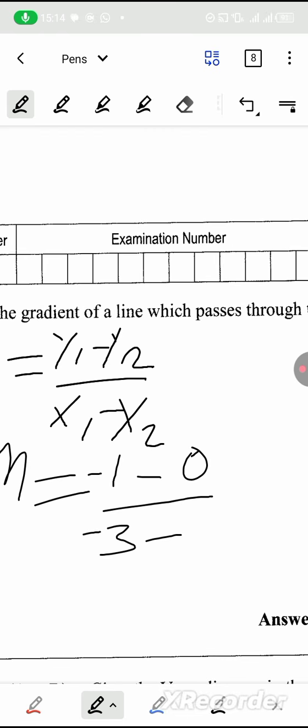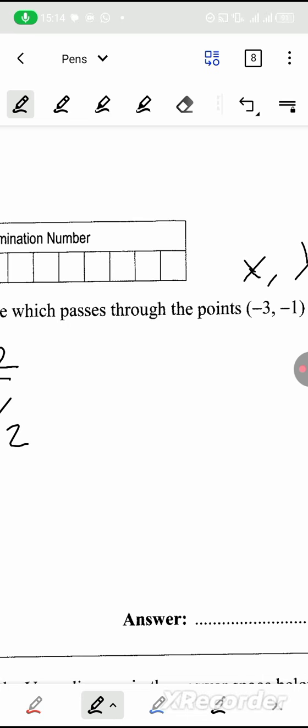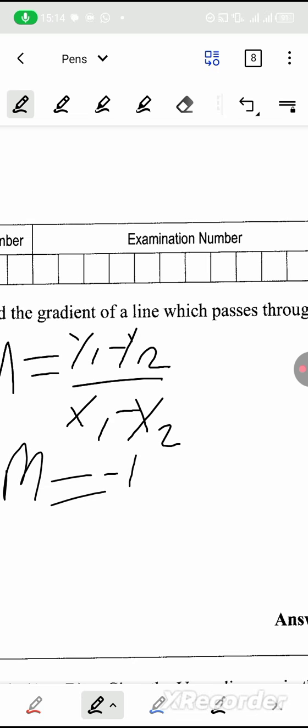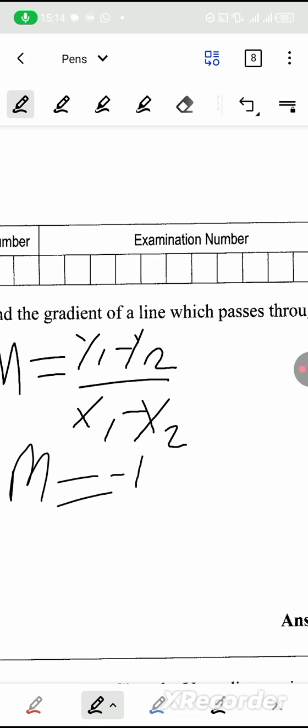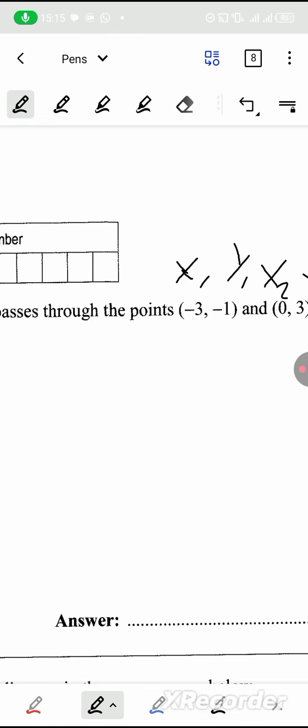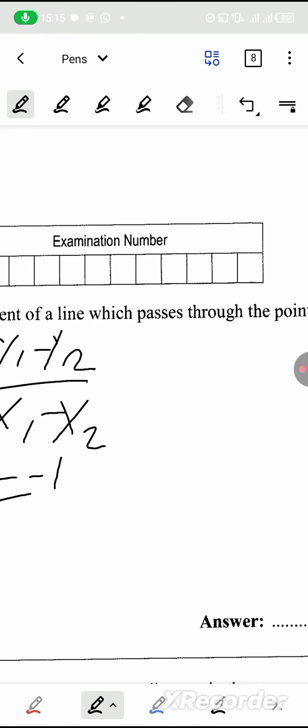Okay, so here we just made a very simple mistake in substituting. Let us see how we are going to substitute accordingly. y1 is what? According to the way we have named it, y1 is -1, the one which is here. So -1, then minus.